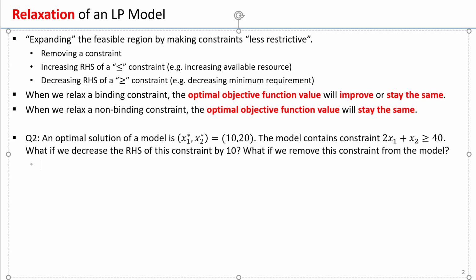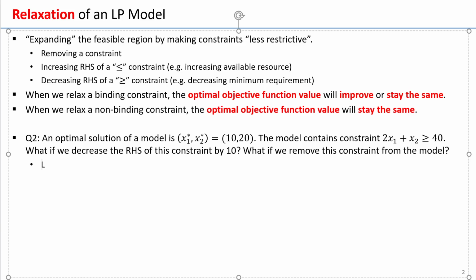Here is another question. An optimal solution, again, is 10, 20, and the model contains a different constraint now, 2x1 plus x2 greater than or equal to 40. What if we decrease the right-hand side of this constraint, or what if we remove this constraint from the original model that we were solving here? Again, we don't have full information about it.